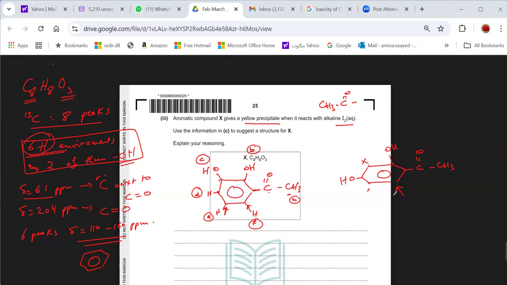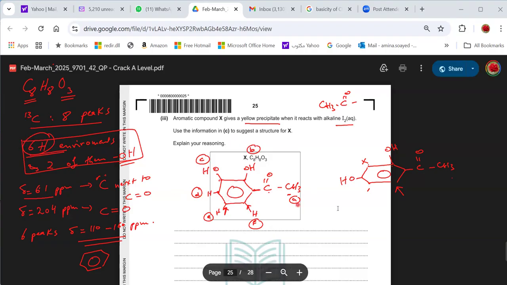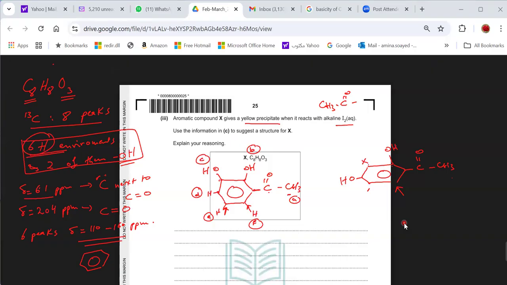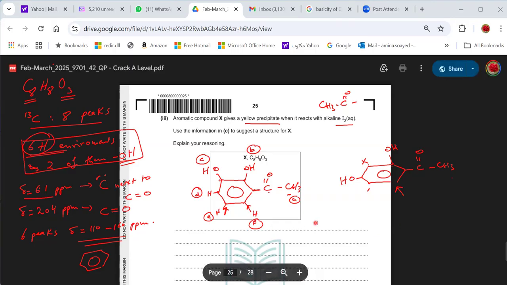So both of them can also produce 6 proton environments. So this means that you can draw either of these 2 structures, because both have 8 carbon-13 peaks and 6 proton environments. Right. Okay, so we can draw any one of them.